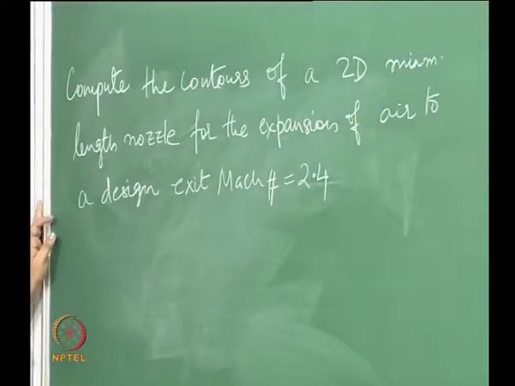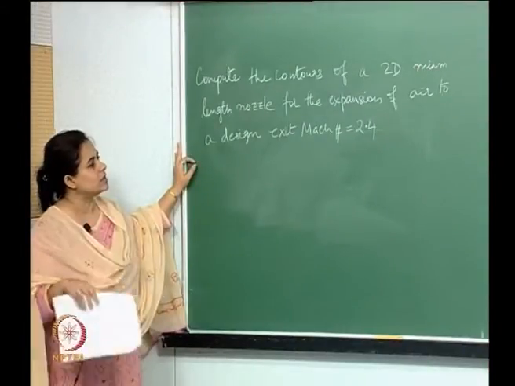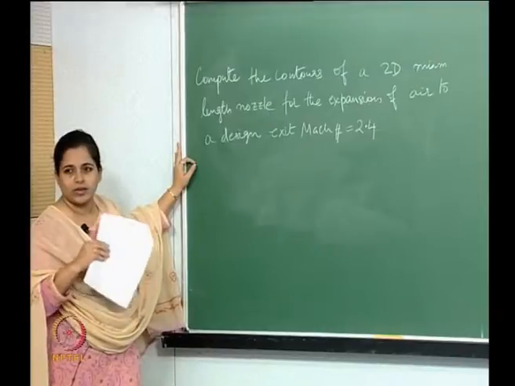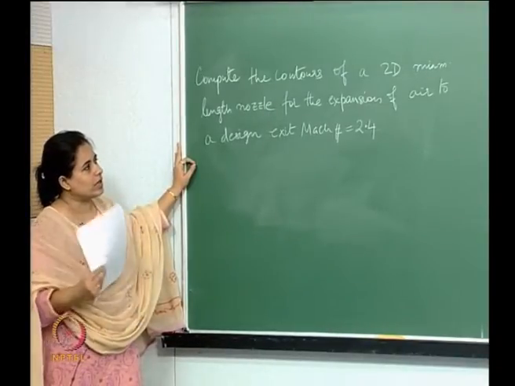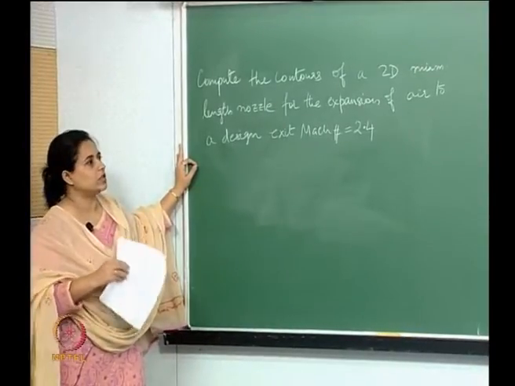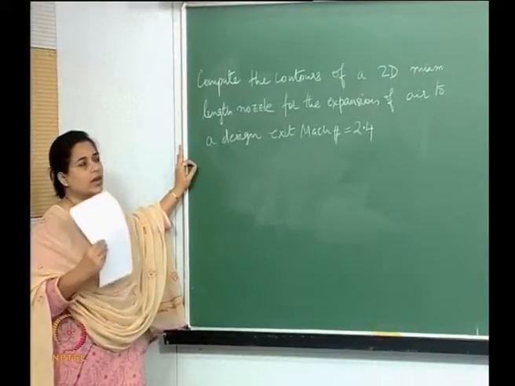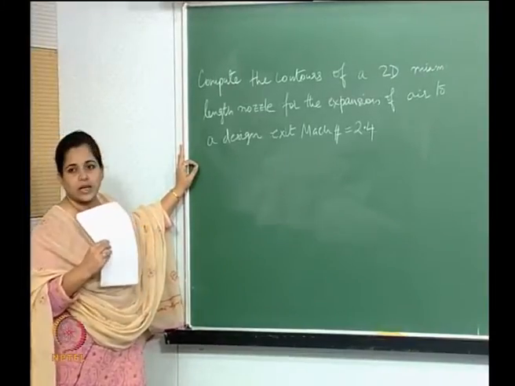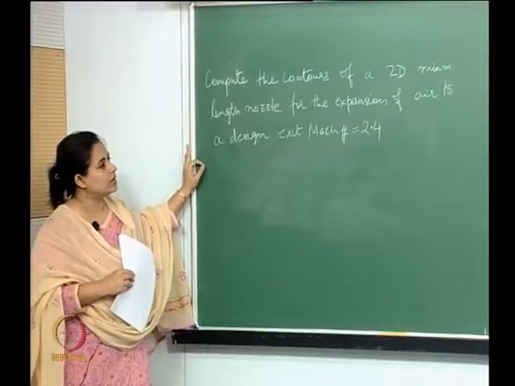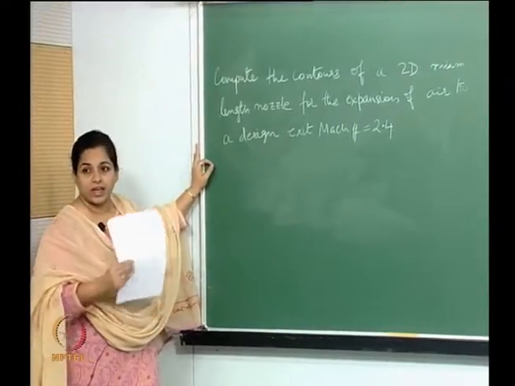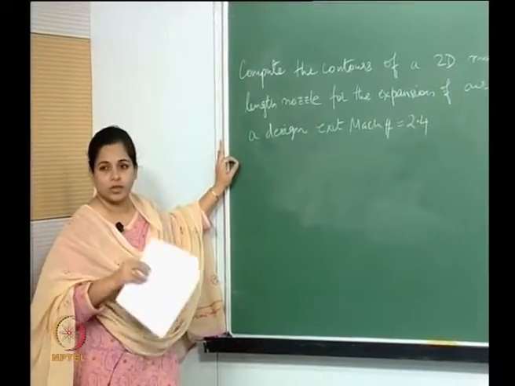Now, it seems that we are at the crossroads, right. When we started with this course, we talked about Laval's experiment and how to get supersonic flows. We need convergent divergent nozzles to get flows at such high speeds. We need to design the ducts through which it is flowing.